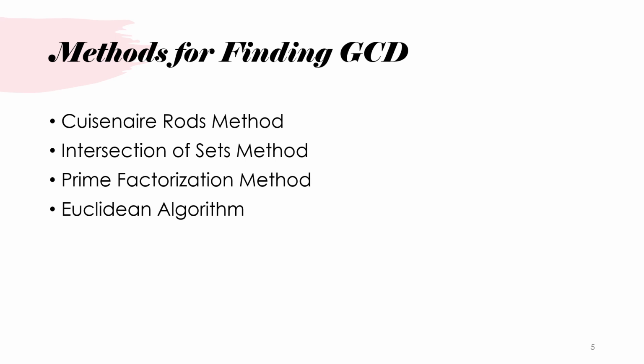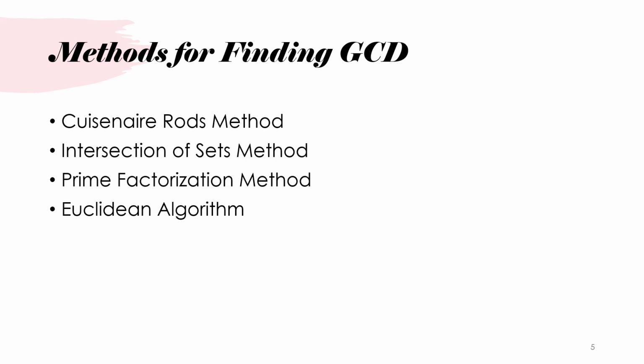All right, so there are many methods for finding the greatest common divisor or greatest common factor. You can use Cuisenaire rods. You can use what's called the intersection of sets method. You can use the prime factorization method or the Euclidean algorithm.